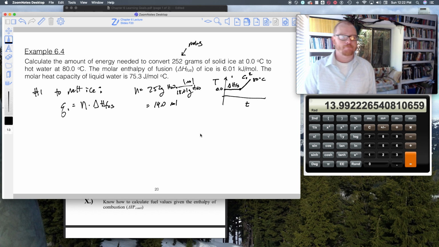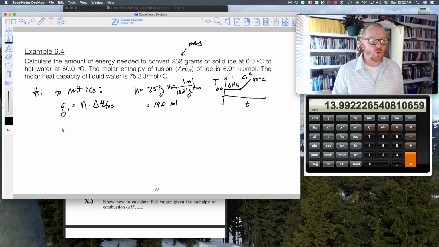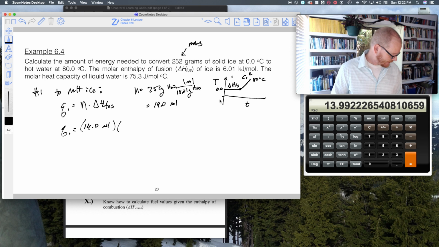Okay, great. So now my Q1 is going to be 14.0 moles times my delta H of fusion. The molar enthalpy of fusion of ice is 6.01 kilojoules per mole. I'm going to make that into joules as well, because I have my molar heat capacity in joules.